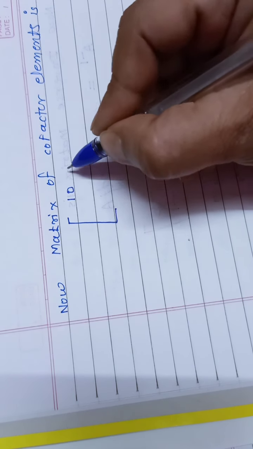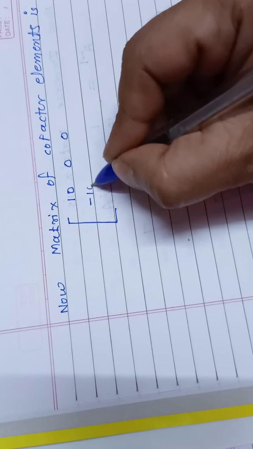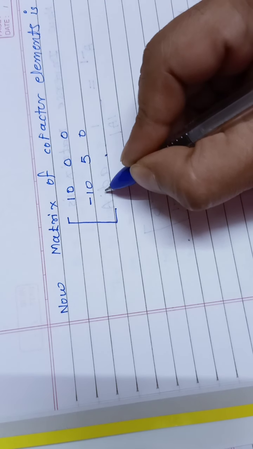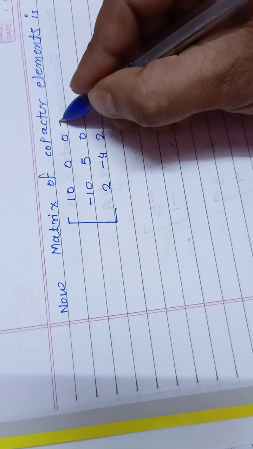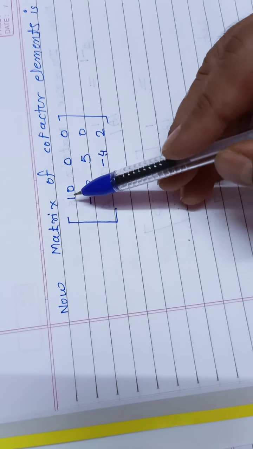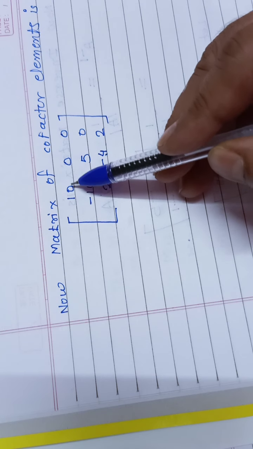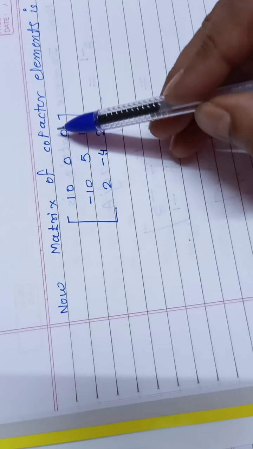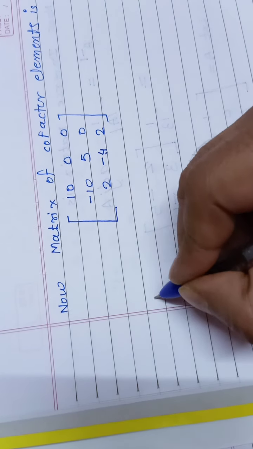So it is 10, 0, 0, minus 10, 5, 0, and 2, minus 4, 2. Again I am repeating, I arrange the cofactor elements row wise. So I got a matrix which is called the matrix of cofactor elements.